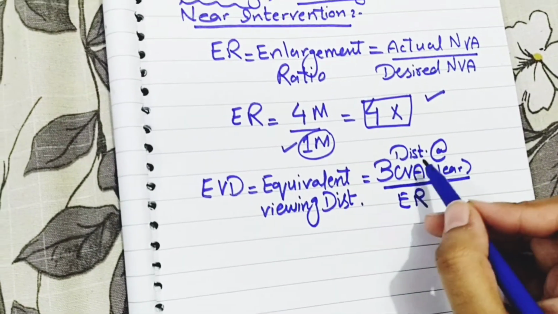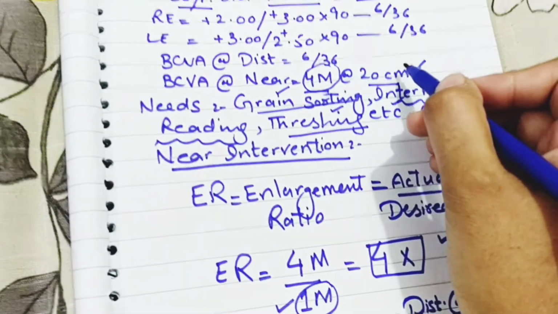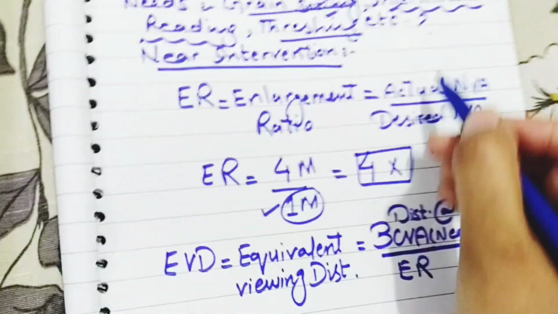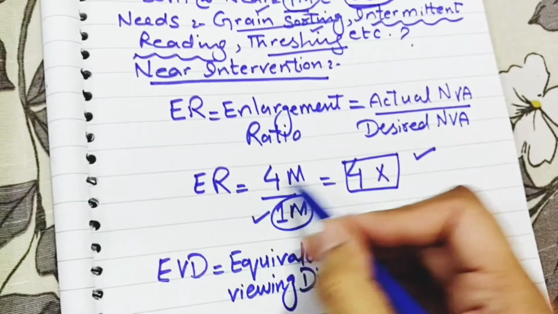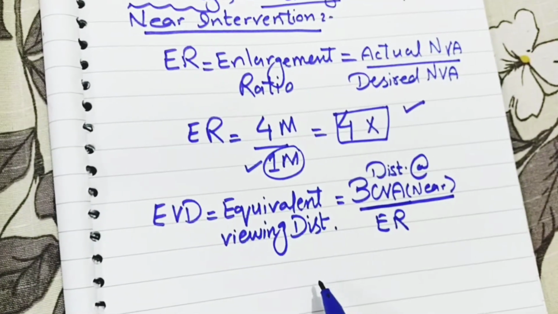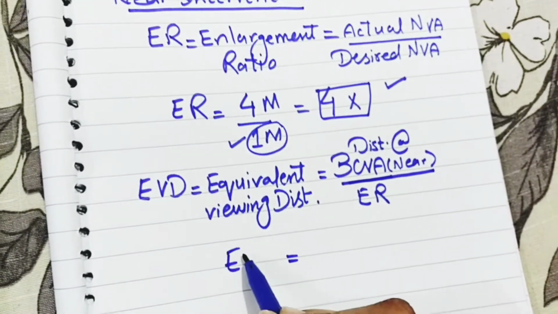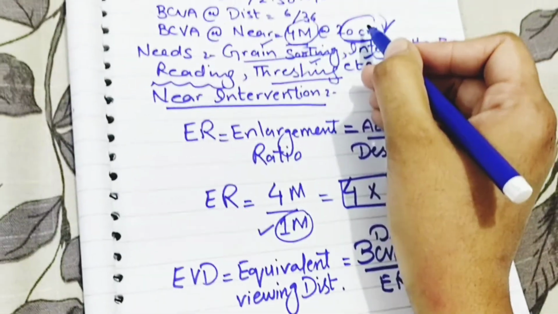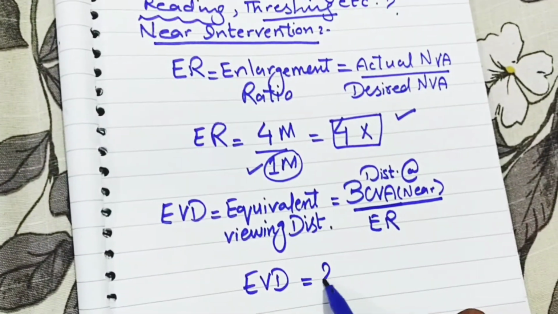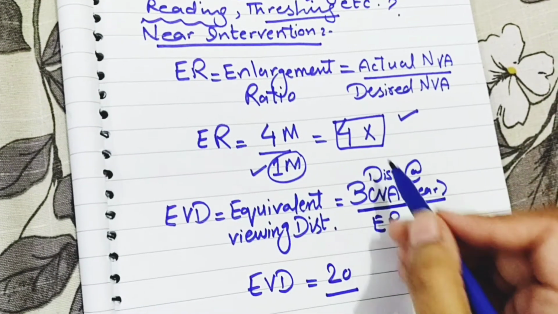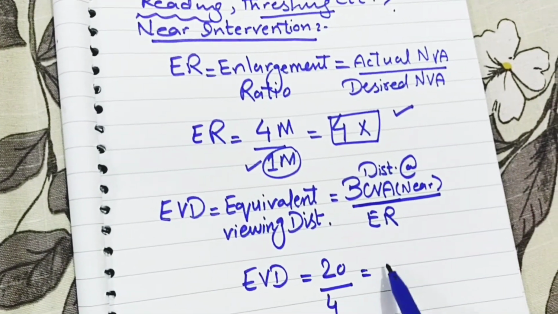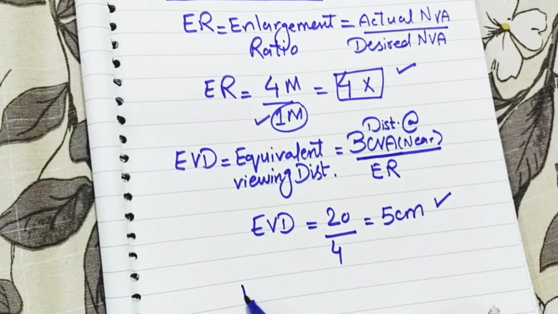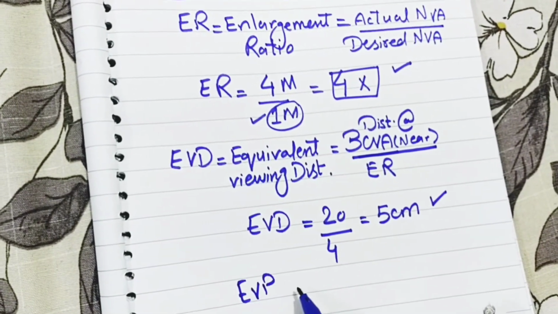In this case, we know the distance at best corrected near visual acuity is 20 centimeter, that is 4 metric at 20 centimeter. So 20 centimeter is put here, and the enlargement ratio we have calculated is 4x. So EVD is equal to 20 centimeter divided by 4x, which is 5 centimeter.